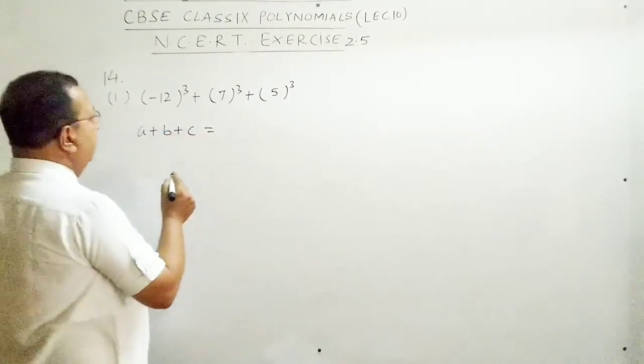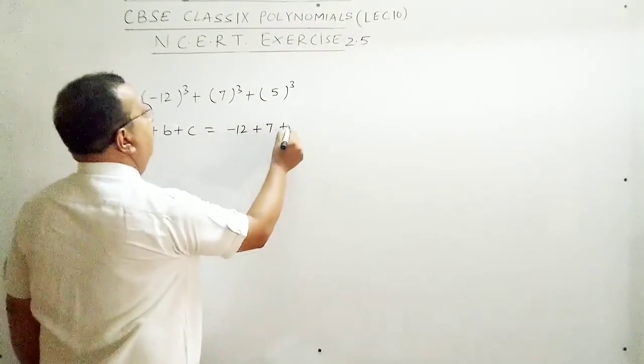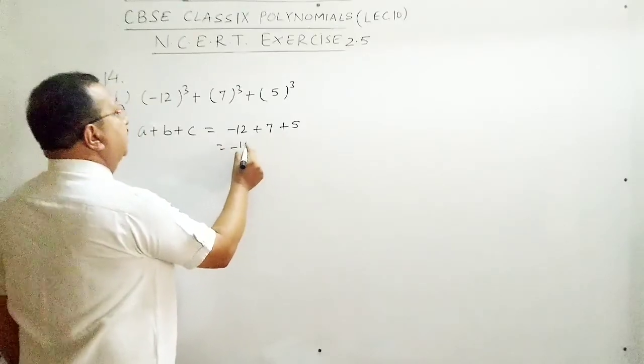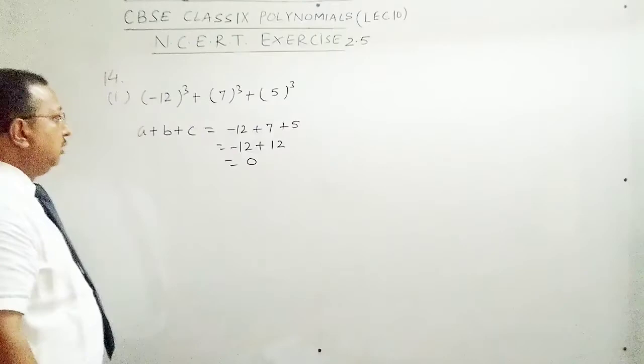So we see whether a plus b plus c is 0 or not. A plus b plus c is minus 12 plus 7 plus 5. Minus 12, 7 and 5, 12. Minus 12 plus 12 is 0.